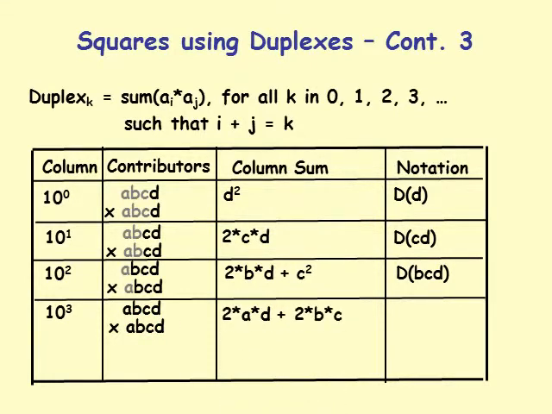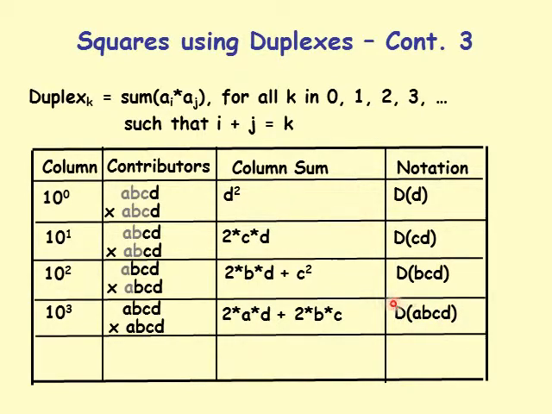So the sum in the column has 4 parts being added here. AD here and AD here, AD plus AD is 2AD. BC here and BC here, BC plus BC is 2BC. What do we call this thing?